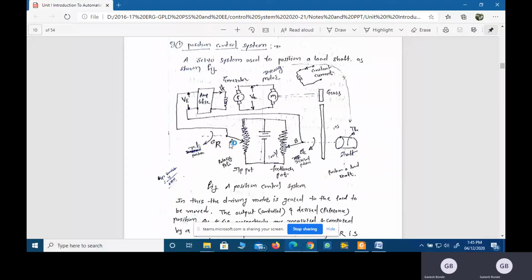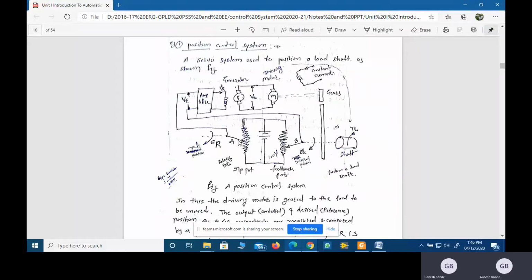If slider arm A position and slider arm B position are at the same position, then the error voltage is 0. So no voltage is amplified, and no signal is provided to the motor, and hence your shaft is maintained at the same position.